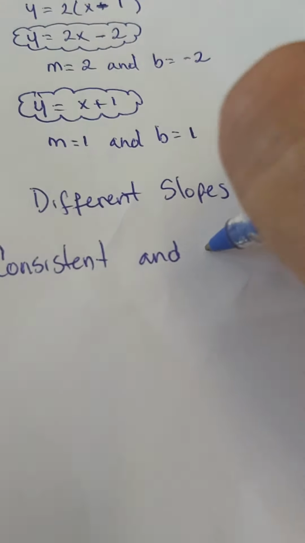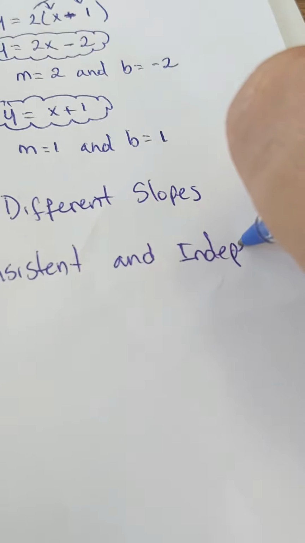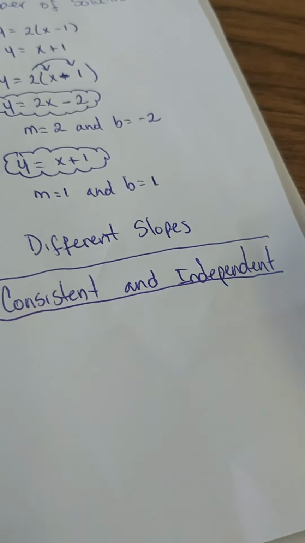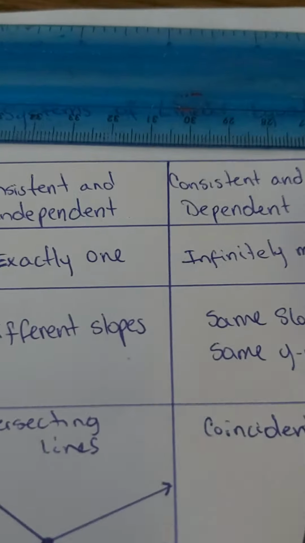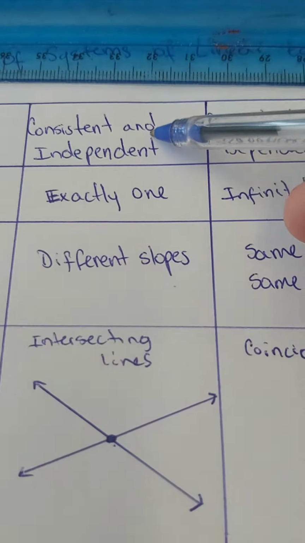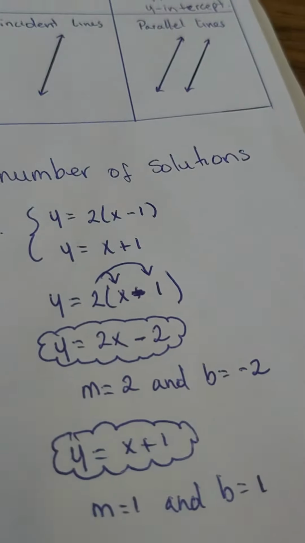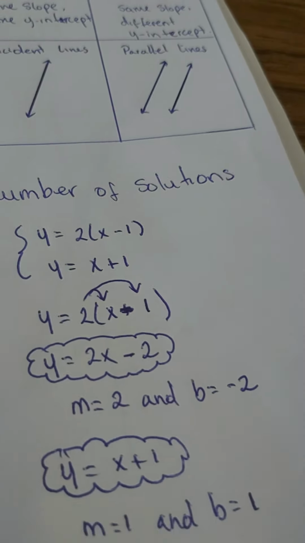Okay? Now, the number of solutions, consistent, independent. The number of solutions will be one solution. Exactly one.